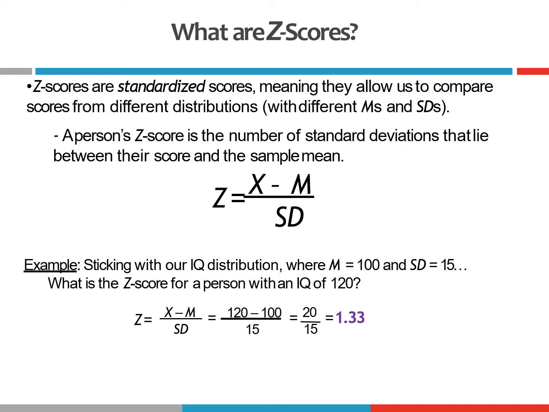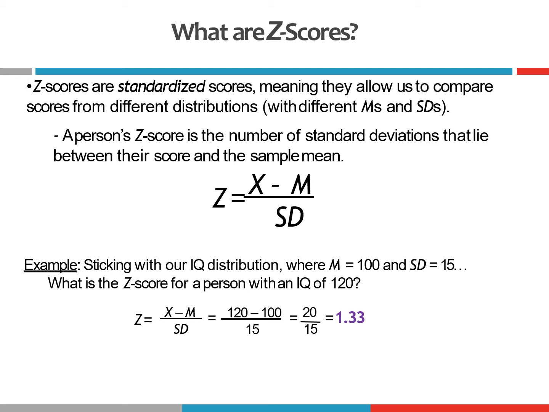So we have 120 as our individual score, 100 is the sample mean, and we divide that by 15, which is the standard deviation. We end up with 20 divided by 15, which is 1.33. So what does this value mean?